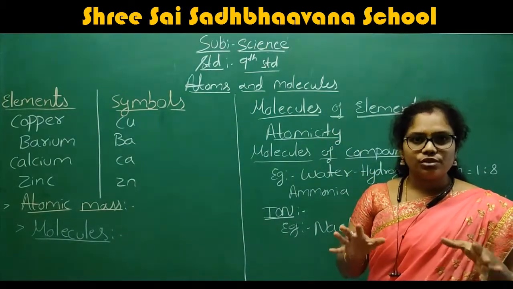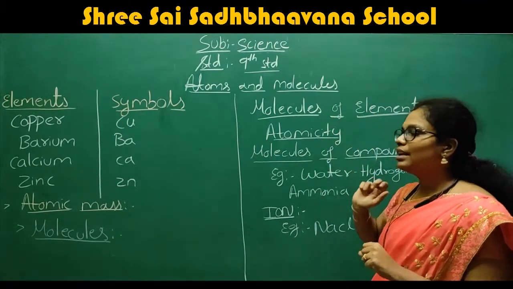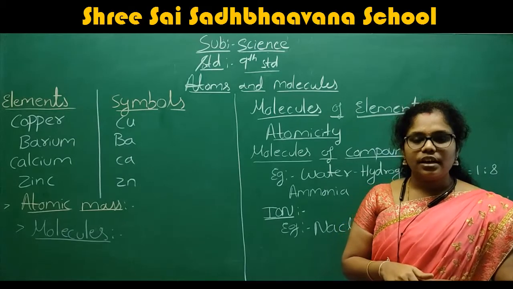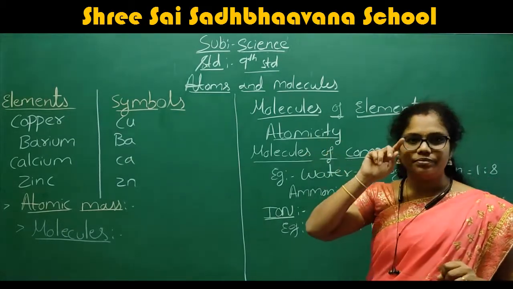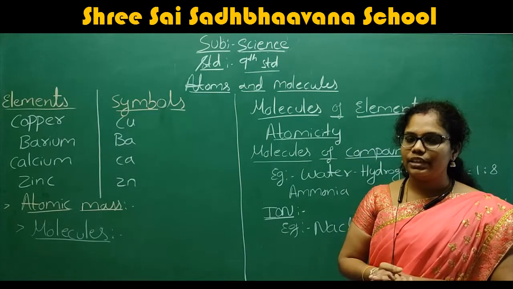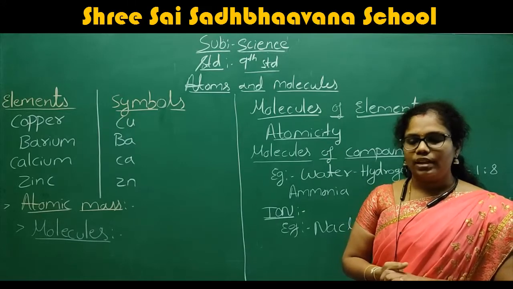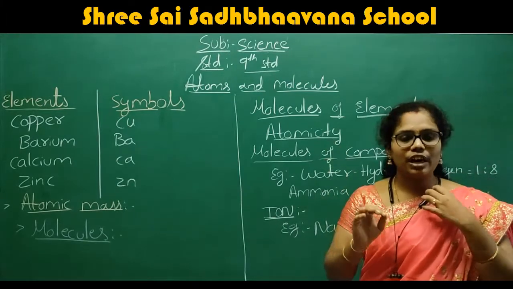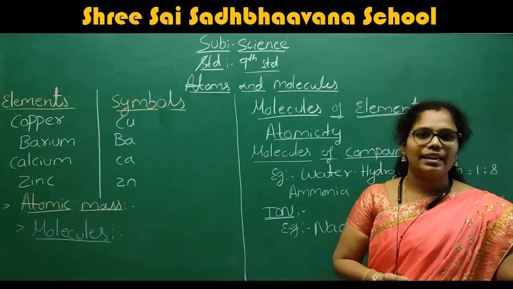If you want to study the molecules of an element, we want to know the definition of atomicity. This is an important definition. Can anyone tell the definition of atomicity? Okay, I will tell it. Atomicity is defined as the number of atoms present in an element.